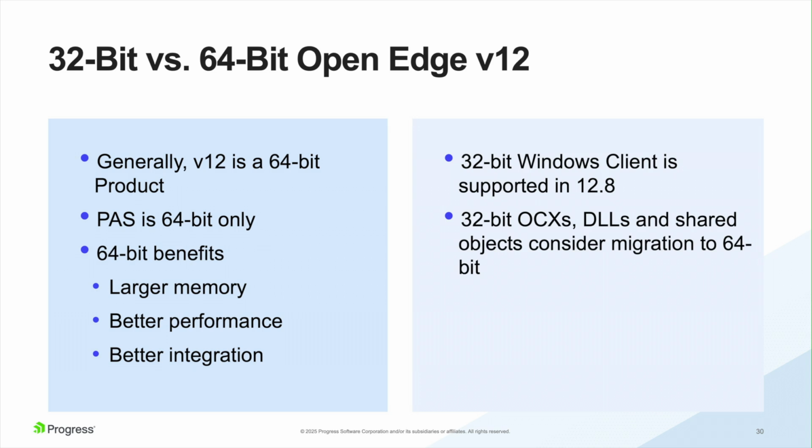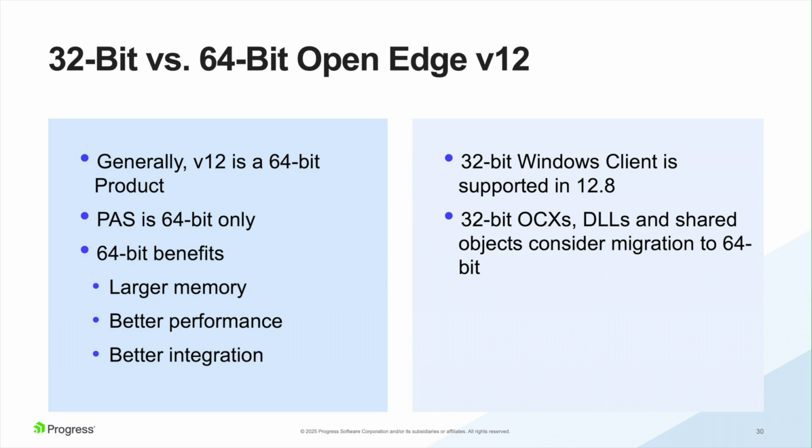When you're going to version 12, generally speaking, version 12 is a 64-bit platform. And as such, if you have 32-bit dependencies, you have to plan for eliminating those 32-bit dependencies. Typically, OpenEdge applications have 32-bit dependencies in the GUI client, and there's a plan for that.